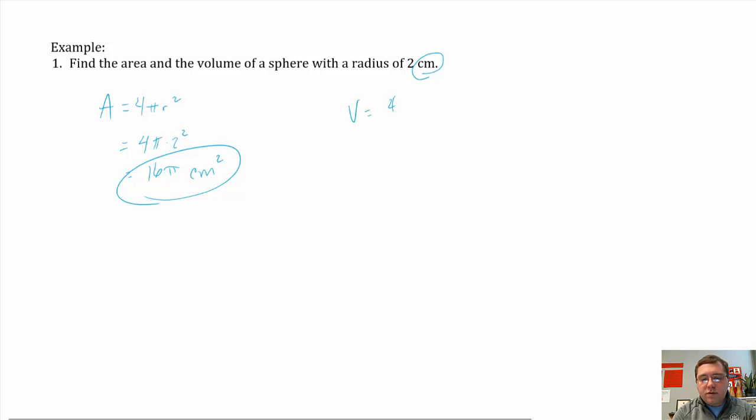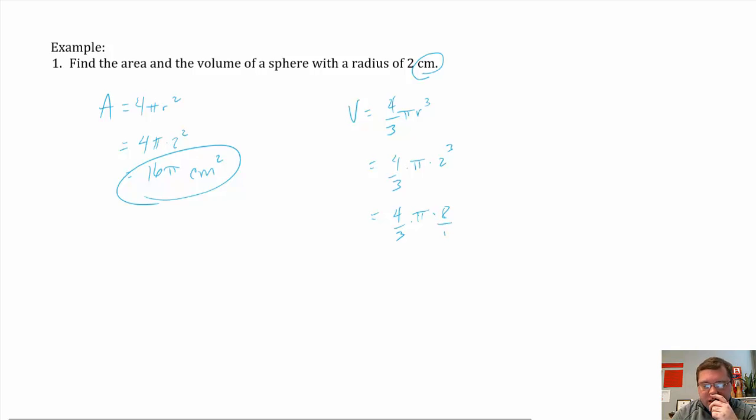The formula for volume was 4/3 pi r cubed. So 4/3 times pi times 2 cubed. Well, 2 cubed is 2 times 2 times 2. That's 8. So we have 4/3 times pi times 8.